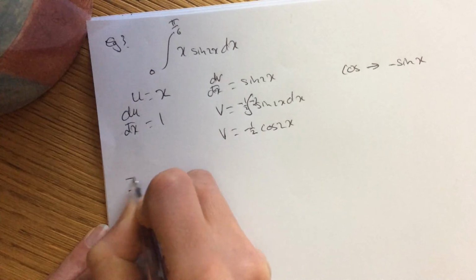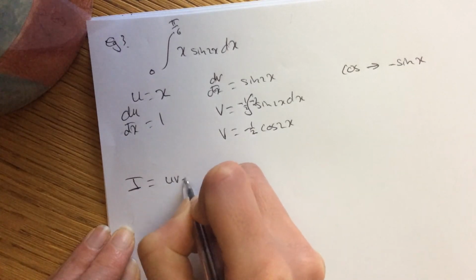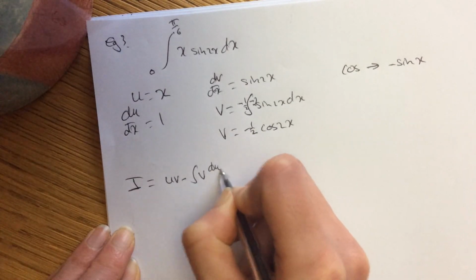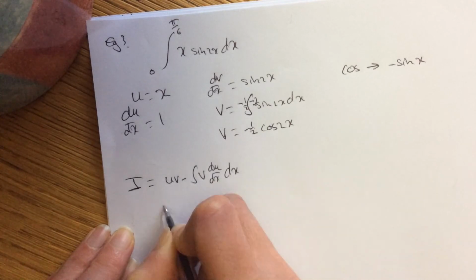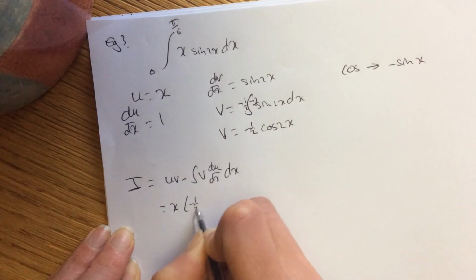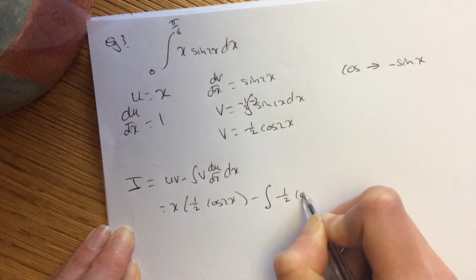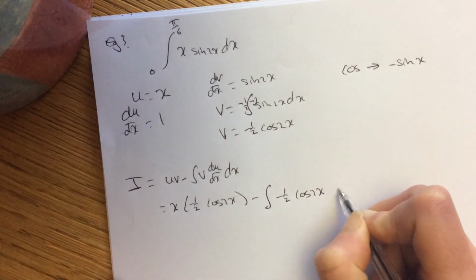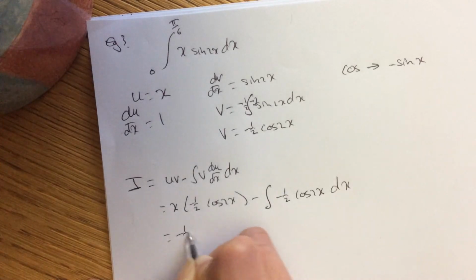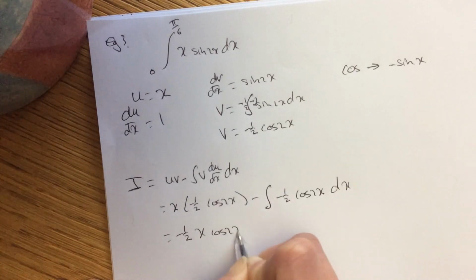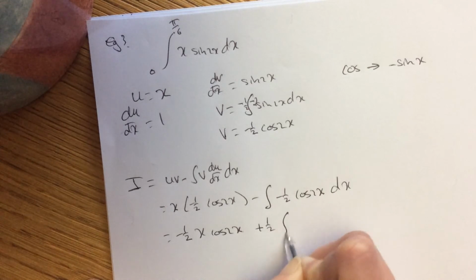Now that goes back to cos 2x. So writing out your integral, it's uv minus v du by dx. u v minus v du by dx is just a 1. So minus a half x cos 2x plus a half.